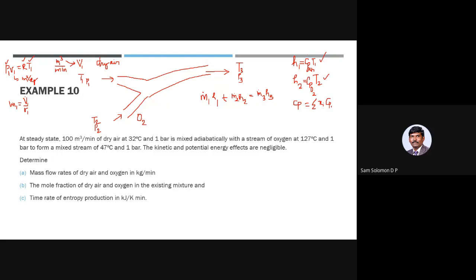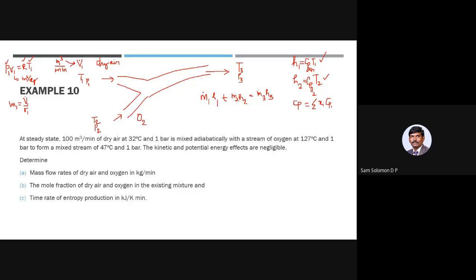Then they are asking us to find the mole fraction of dry air and oxygen in the existing mixture. Now m dot of dry air is known to you, and m dot of oxygen is known to you. Now you can find out the mole fraction. First, you have to find the number of moles, which is mass divided by molecular mass.